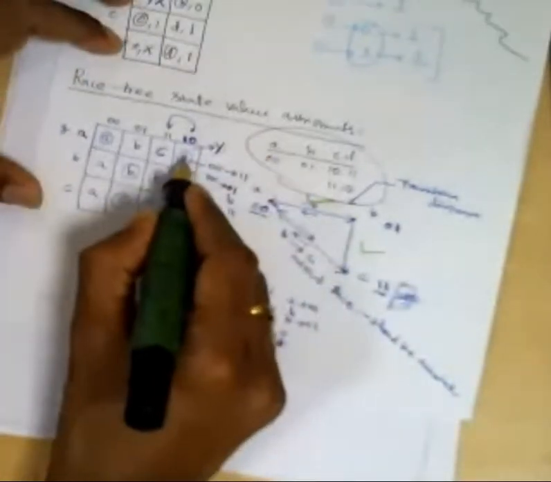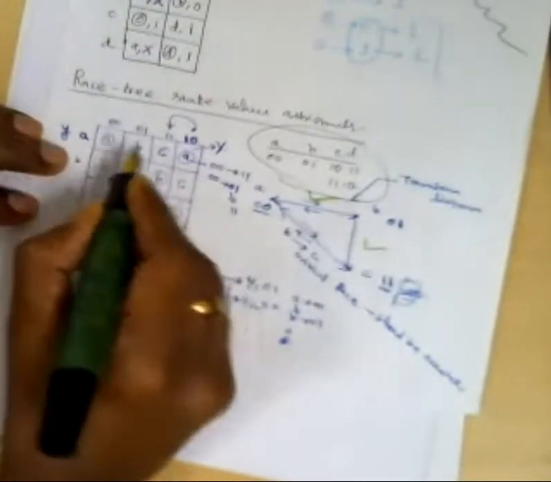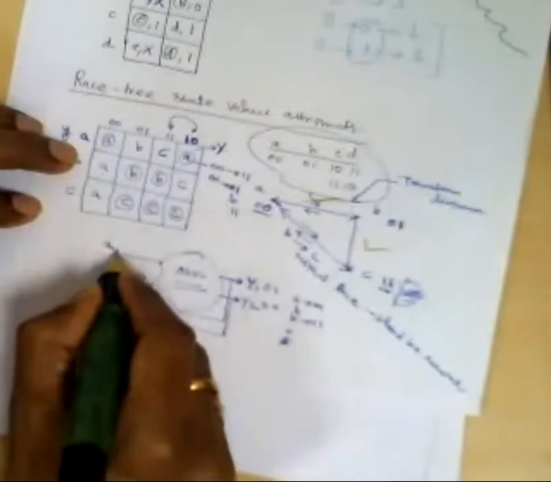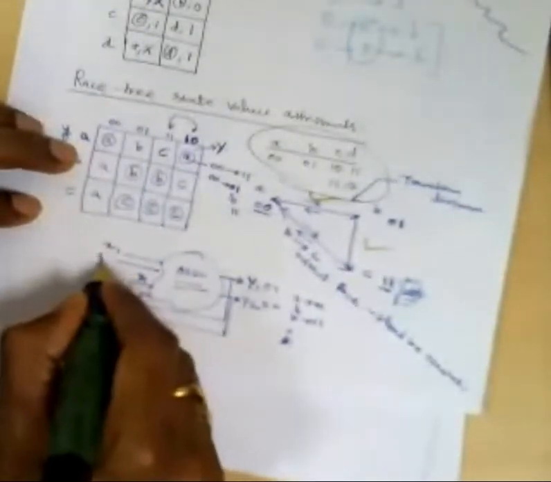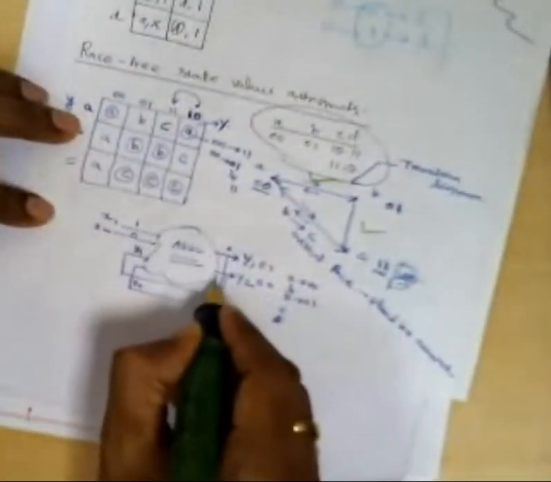Now the circuit is in A state. I'm repeating. This is Y, right? The circuit input is X1, and then you take X2. It is 1, 0, and here the output is 0, 0.